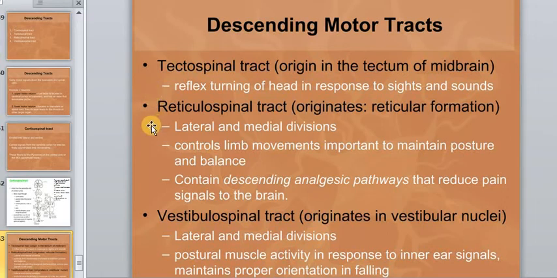Reticulospinal tracts originate in the reticular formation, lateral and medial divisions, and control limb movements, important to maintain posture and balance of the body. They contain descending analgesic pathways that reduce pain signals to the brain.